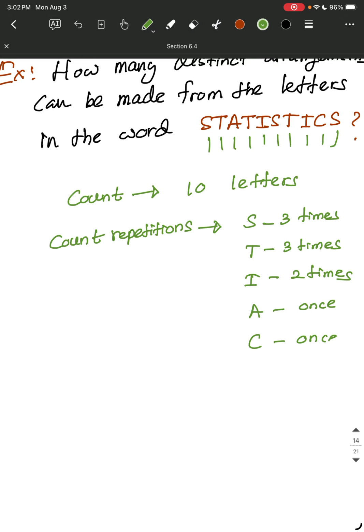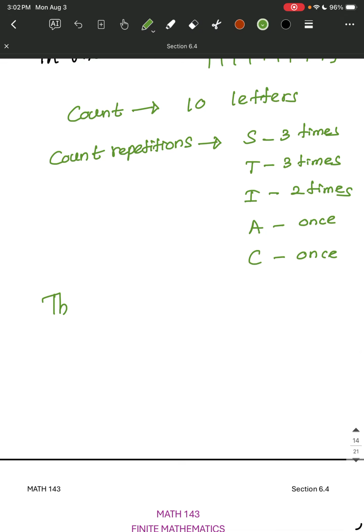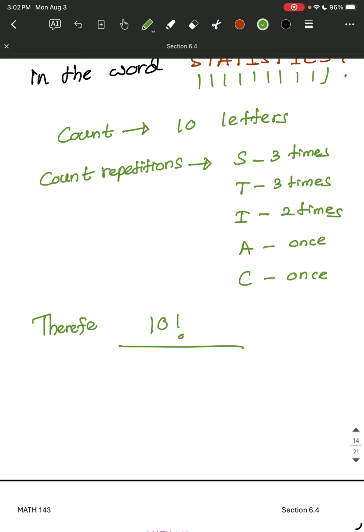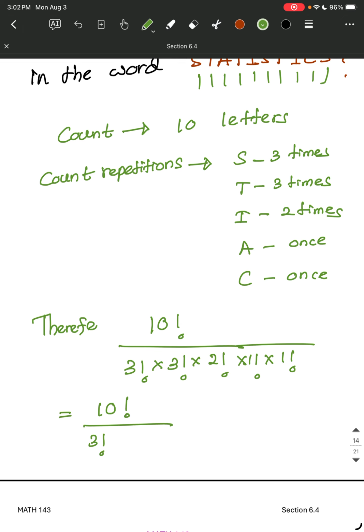Therefore, 10 factorial over 3 factorial times 3 factorial times 2 factorial times 1 factorial times 1 factorial. We can simplify this. Use your calculators. 50,400 distinct arrangements are possible.